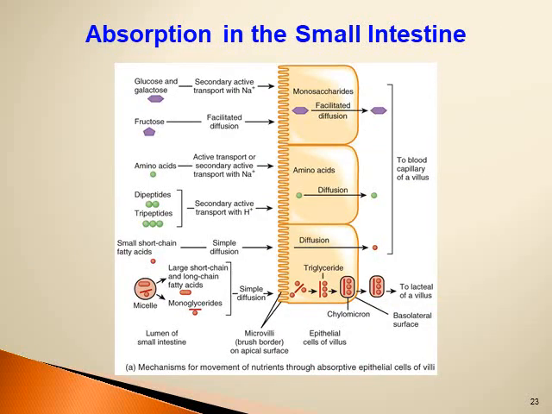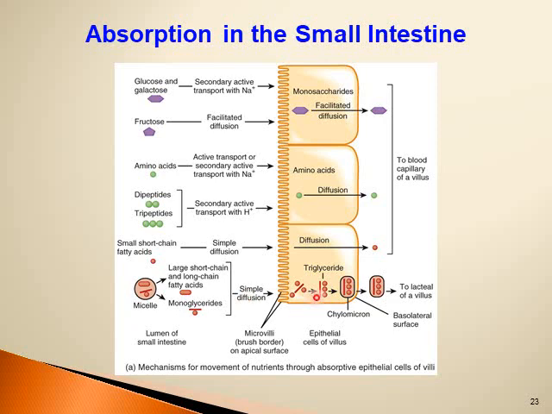Here we can see a summary of the absorption of all the nutrients like glucose, galactose, fructose, amino acids, the short chain fatty acids, the long chain fatty acids, and the monoglycerides.